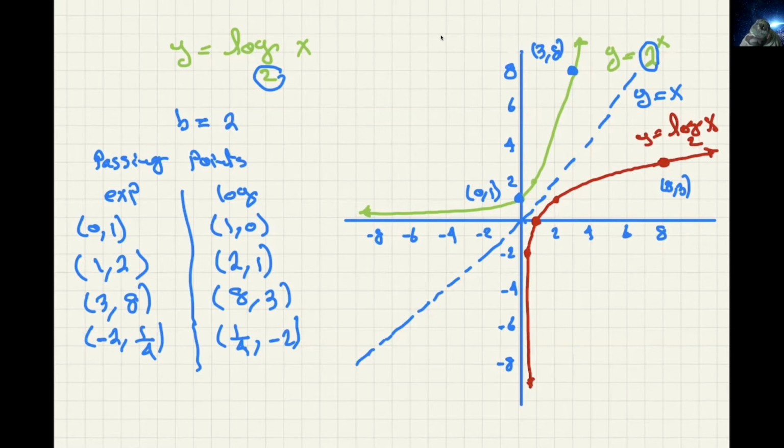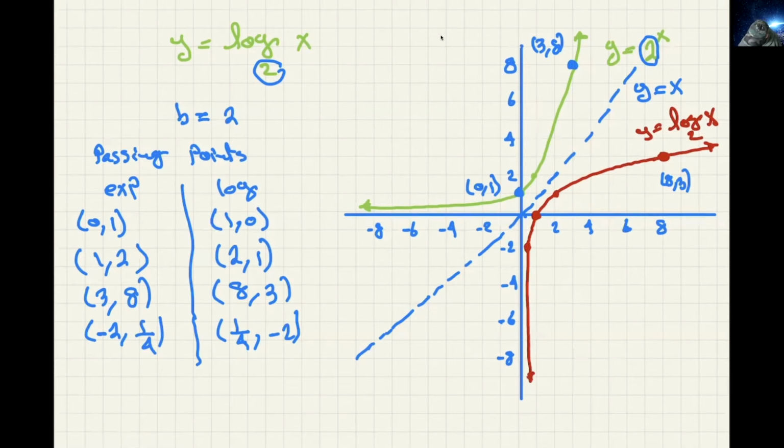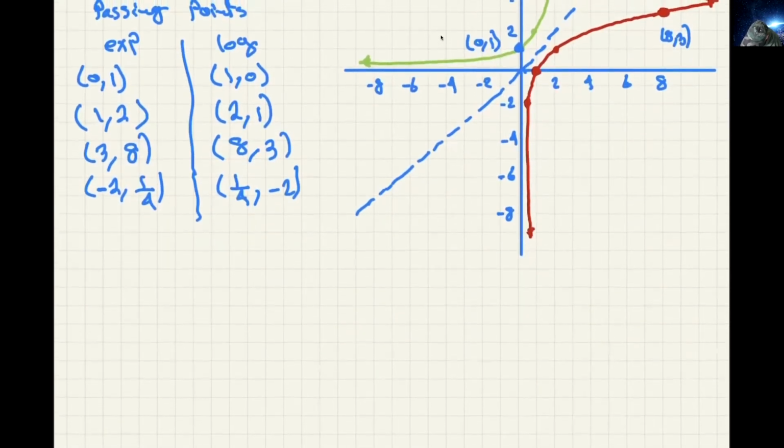Number 1, the domain of the exponential, remember, it's from negative infinity to infinity. Let's make here the log.